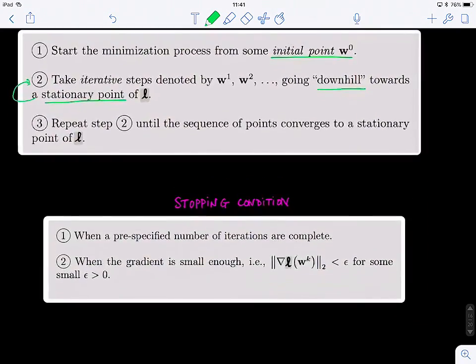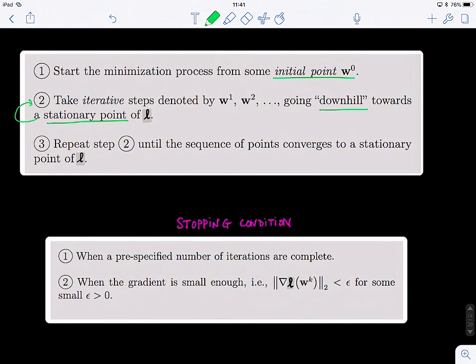And the stopping condition is this. There are two possible stopping conditions. The first one is you stop after a pre-specified number of iterations are completed. So you say, I'm going to just reiterate 1,000 times and then stop, okay? The second one is you stop when the gradient is small enough, which means it's smaller than an epsilon, right?